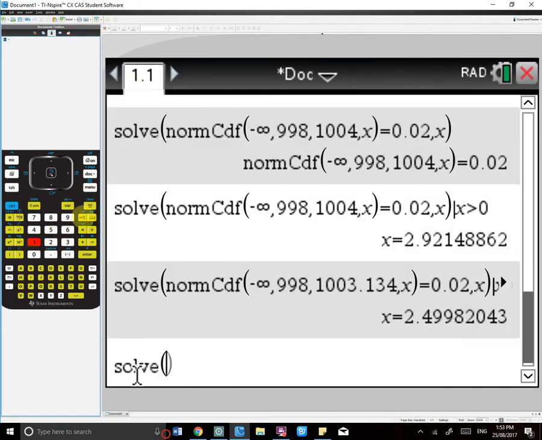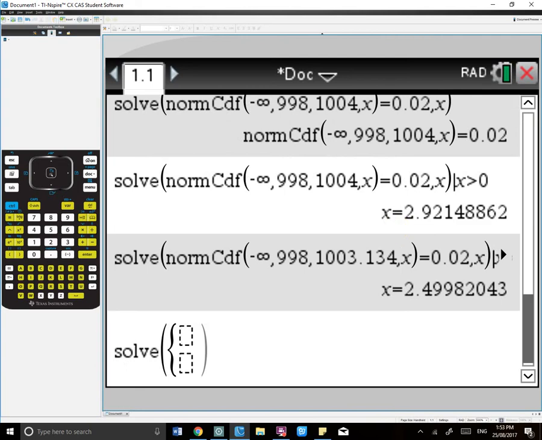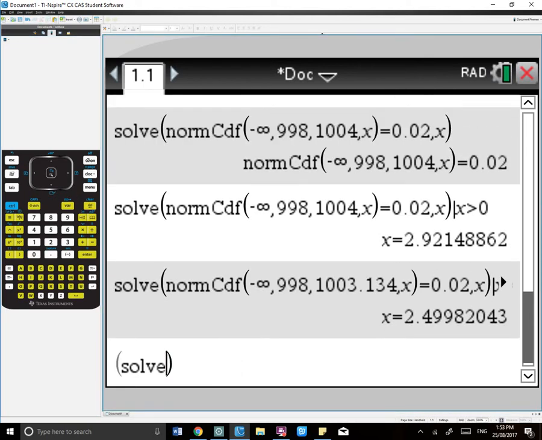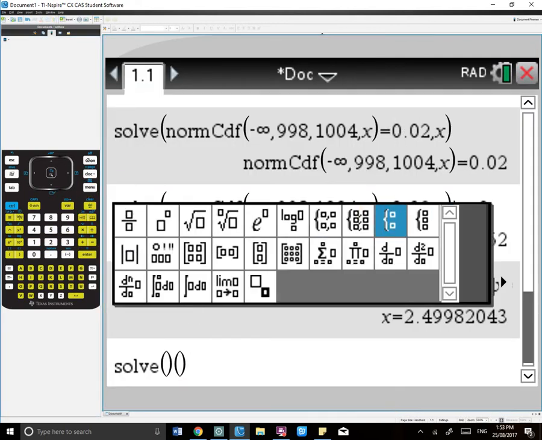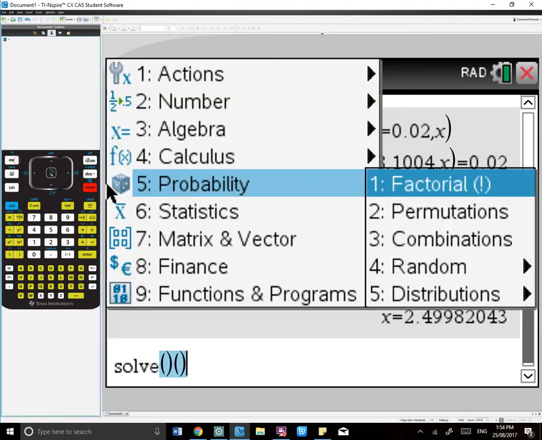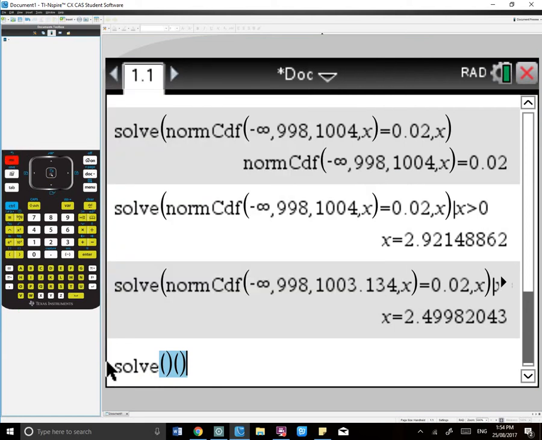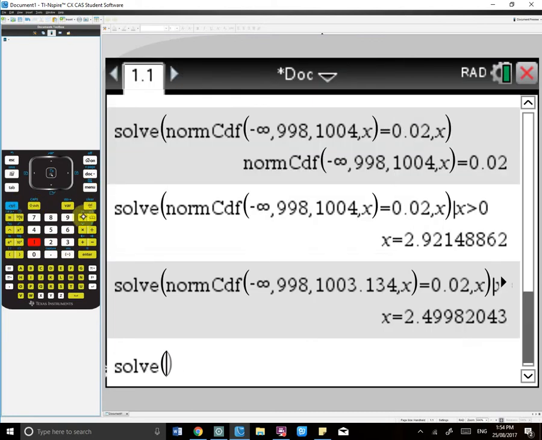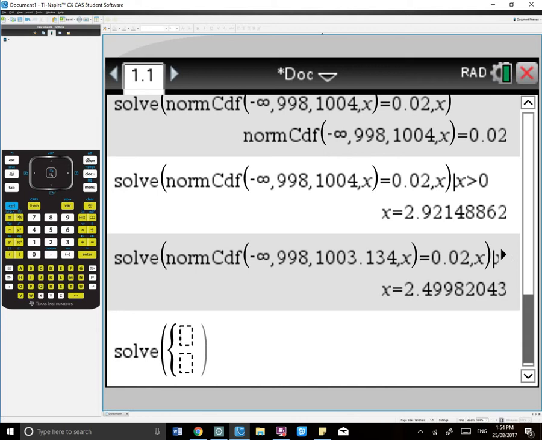Menu 3.1, and I want solving 2 equations.